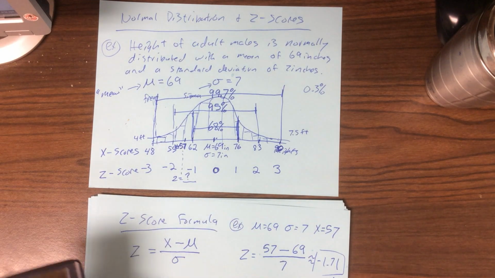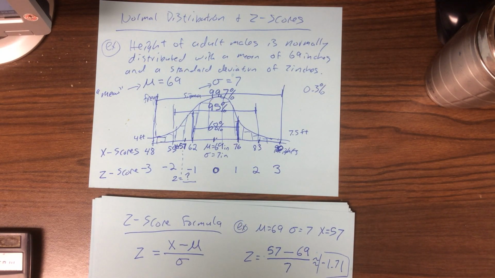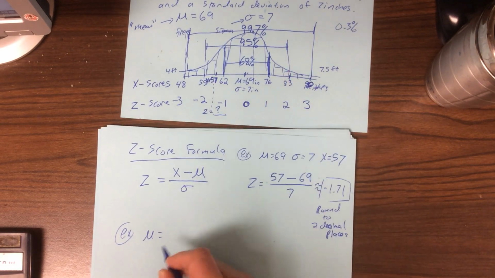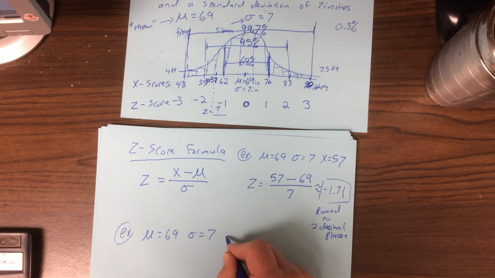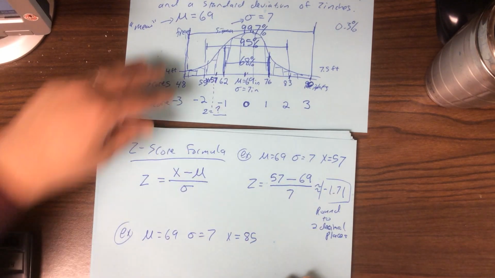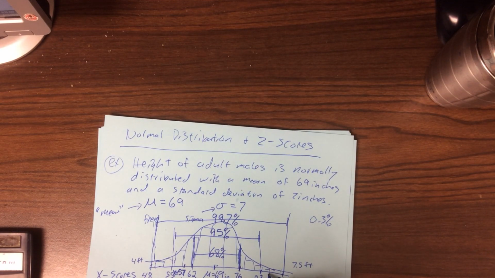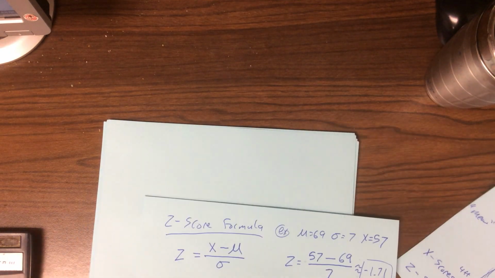Okay, so let's try another one. Let's say I want the z-score for, we'll use the same mean of 69, standard deviation of 7, and let's say I want a z-score for x equals 85 inches. So 85 inches is right up here somewhere. It's between a positive 2 and a positive 3.